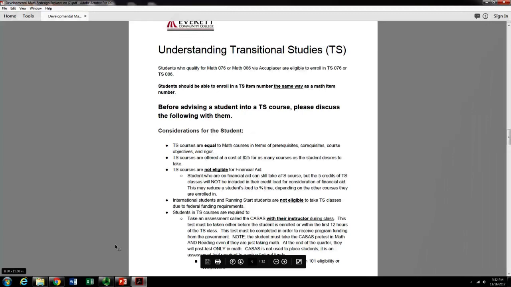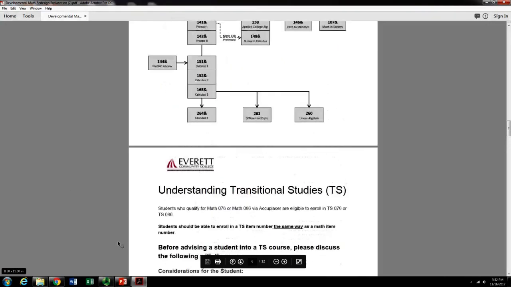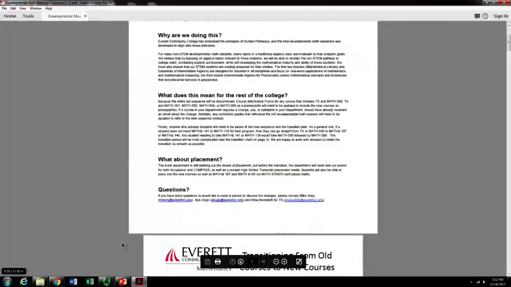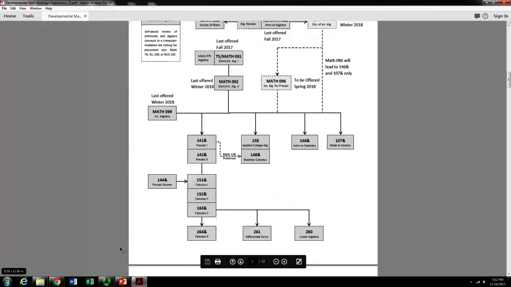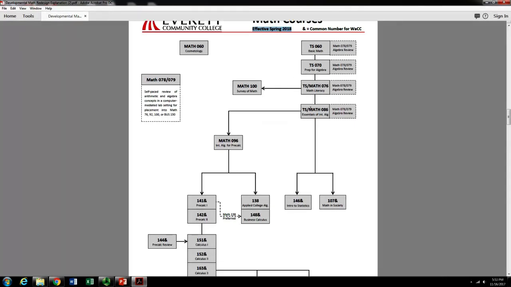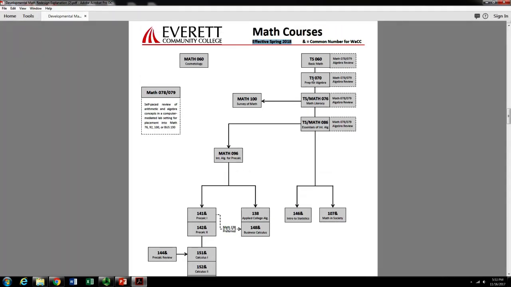So if we look at our handy dandy form here that I referred to in the PowerPoint, we've got our flow chart. The flow chart shows, this is the one effective spring quarter 2018, that the new pathway in math is going to be from 60 to 70 to 76 to 86 to 107 and 146.